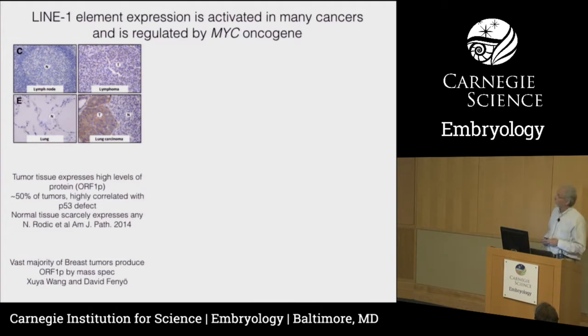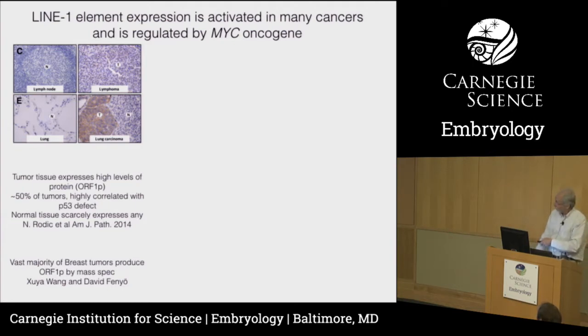Those are the ones that really overproduce the elements, and so we know that she has some other very exciting evidence that indeed p53 is very responsive to transposons, and when it's defective, you see this massive overexpression. Massive overexpression is necessary but not sufficient for retrotransposition. So whereas 50% of tumors overexpress the proteins, not all of those show high levels of somatic hopping.